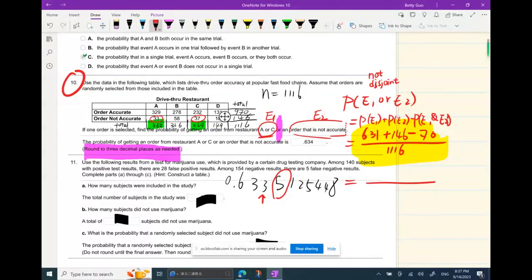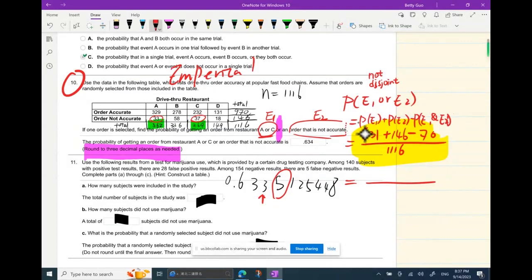Then in the numerator, we're going to have 3 numbers. First number plus second number minus third number. And the denominator is always the sample size. This is empirical, by the way. What we learned on Tuesday is the foundation of this section. Numerator has 3 numbers.